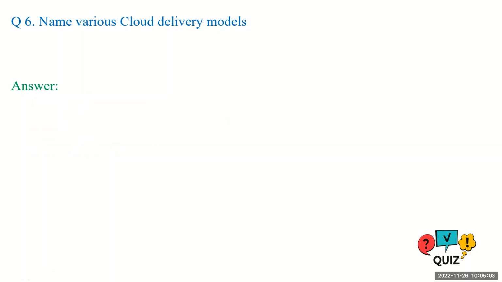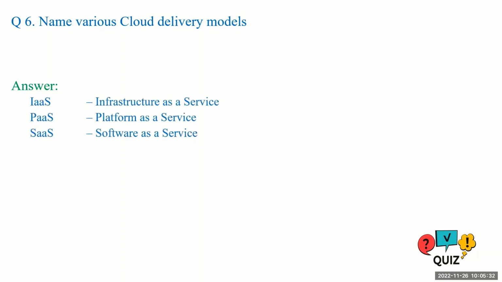Name various cloud delivery models. We have actually 3 base delivery models, and there are many types, correct? Infrastructure-based software, platform-based software, and then IaaS, and correct.